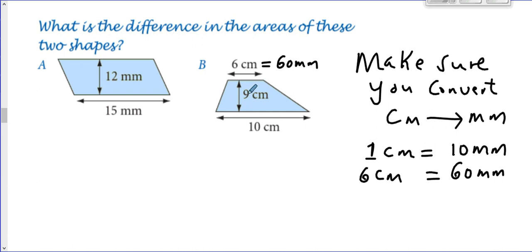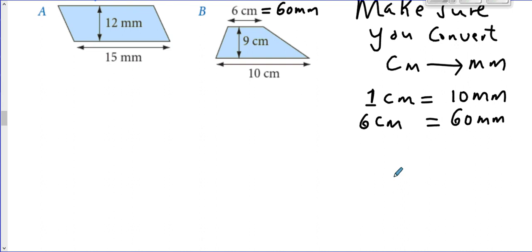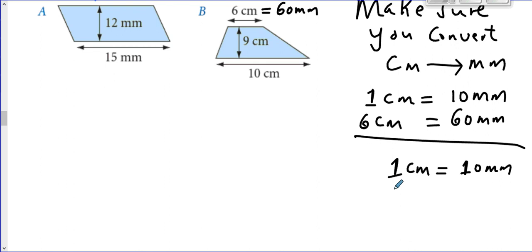Now go ahead changing 9 centimeters into millimeters. It is the same thing: 1 centimeter equals 10 millimeters. How about 9 centimeters? When you cross multiply, you will get 90 millimeters. How about this one?